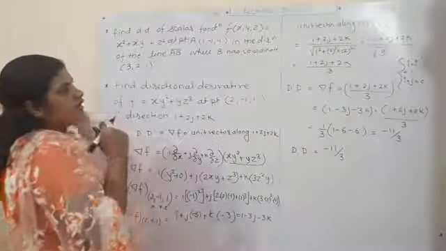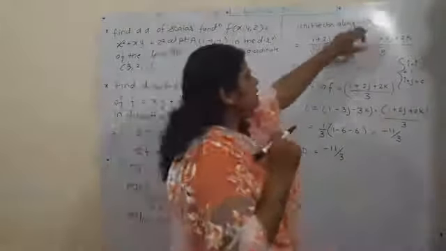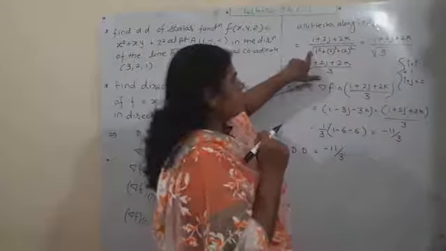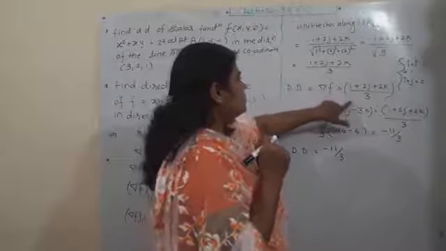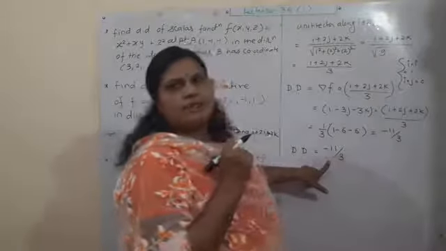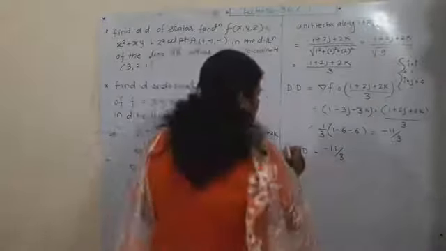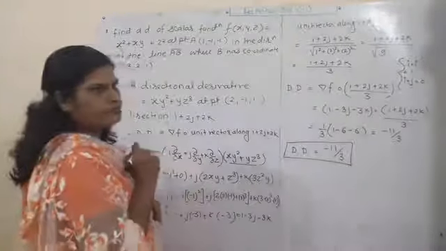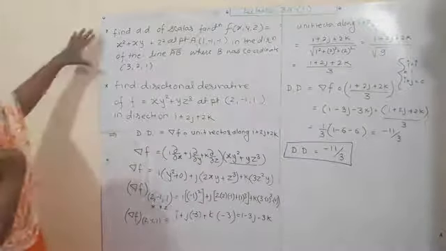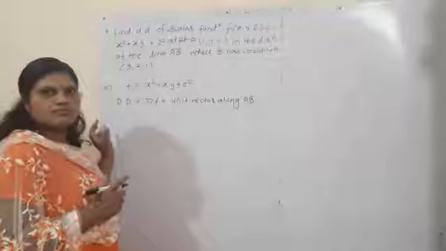So we calculate that unit vector, that is the vector upon its magnitude. Then we take the dot product of those two terms and finally we get minus 11 by 3. So in this way we get the directional derivative. Hope you understand that. And now we continue with the second.